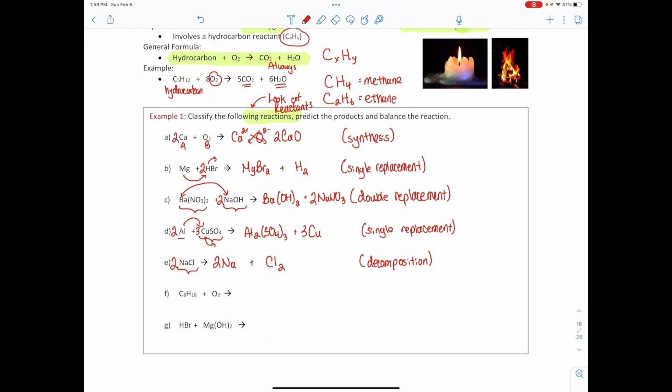Example F. When I look at it, I have oxygen gas, and then I also have my hydrocarbon. Remember, for my hydrocarbon, I have certain amounts of carbon and hydrogen. In this case, I have C8, or 8 carbons, and then H18, or 18 hydrogens. So this is going to be a combustion reaction.